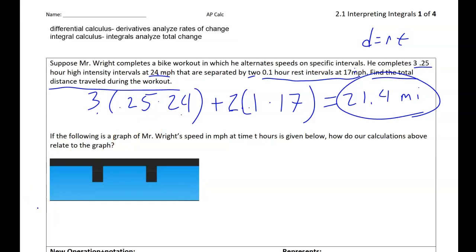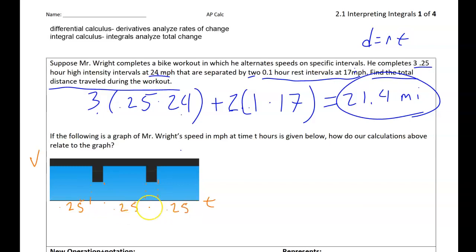Now what's interesting, and what's going to motivate our new knowledge here, is how this shows up on that graph. This, by the way, is an actual graph from the workout software I use. But notice I didn't give you axes, so let's say this is time and this is speed. Let's call it velocity. We know what velocity means now. So my high intensity intervals are going to be 0.25 hours each time.